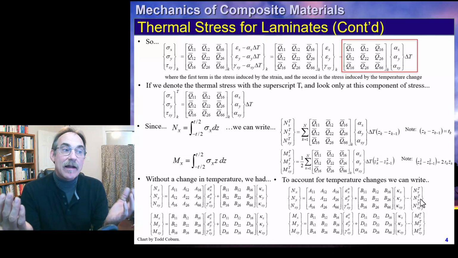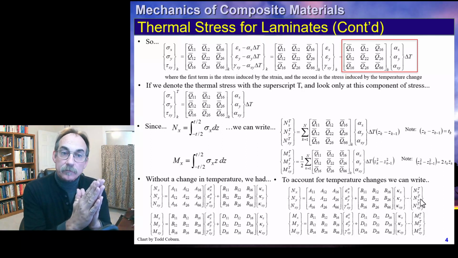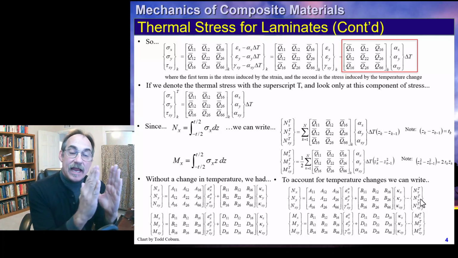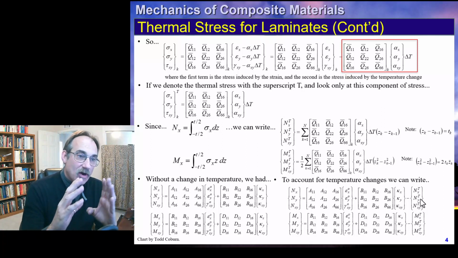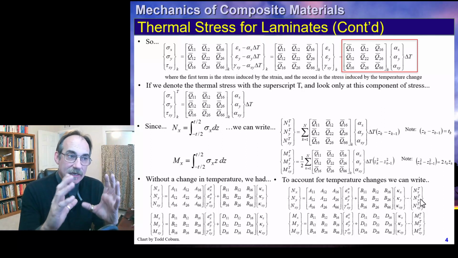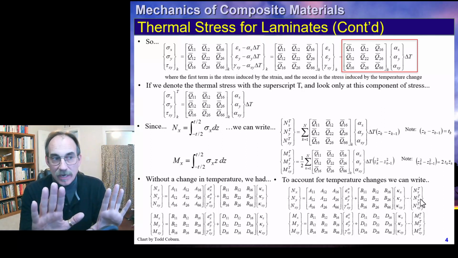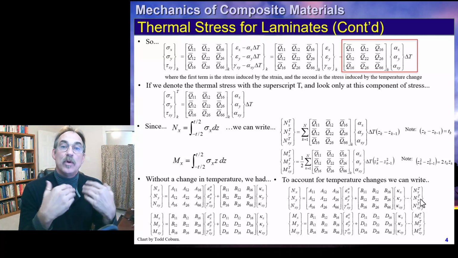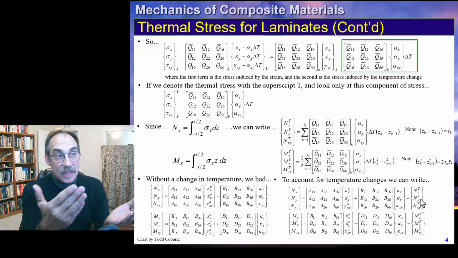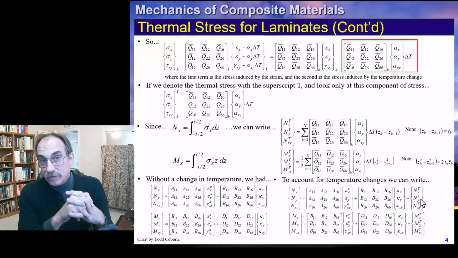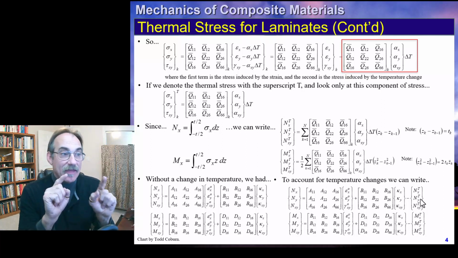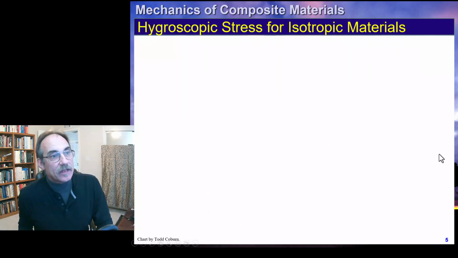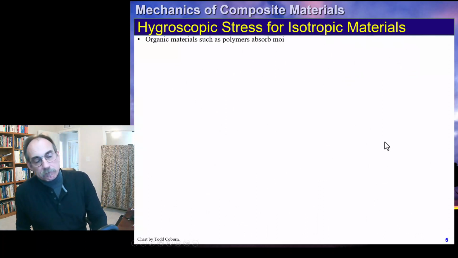So in order to figure out how much running load actually causes stress, we're going to take the ABBD matrix times the strains and curvatures, minus the running loads and moments that would give the same effect as the temperature change does. And that is going to be our approach. This is how we can do this. Now, stand by because we're going to look at this a bit further.